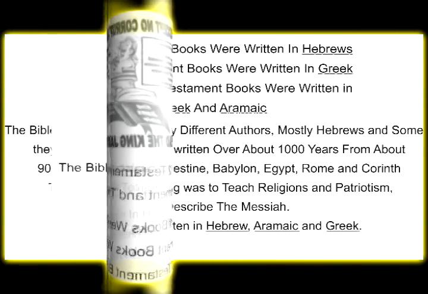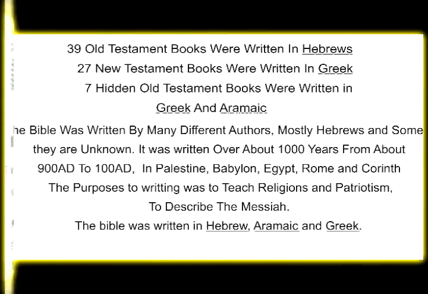So the Bible has 66 books, and there are 7 hidden books which are not included in the 66. If you as a theologian want to include the 7, then it is 66 books plus the 7 hidden books.